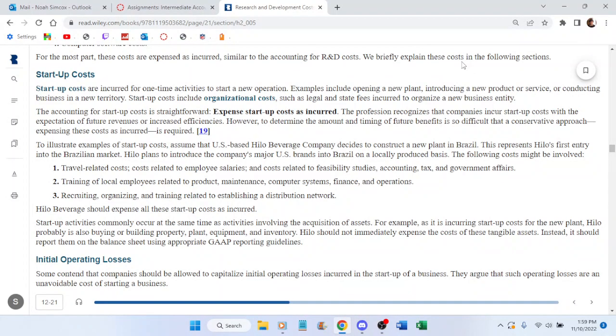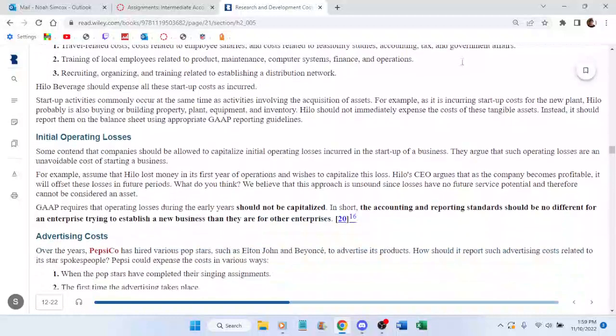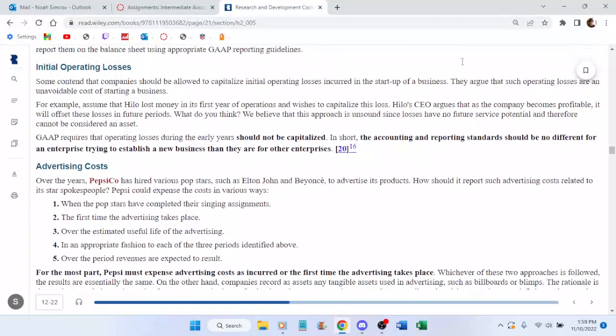Recruiting, organizing, training related to establishing a distribution network. All of these are expensed. Additional operating losses.